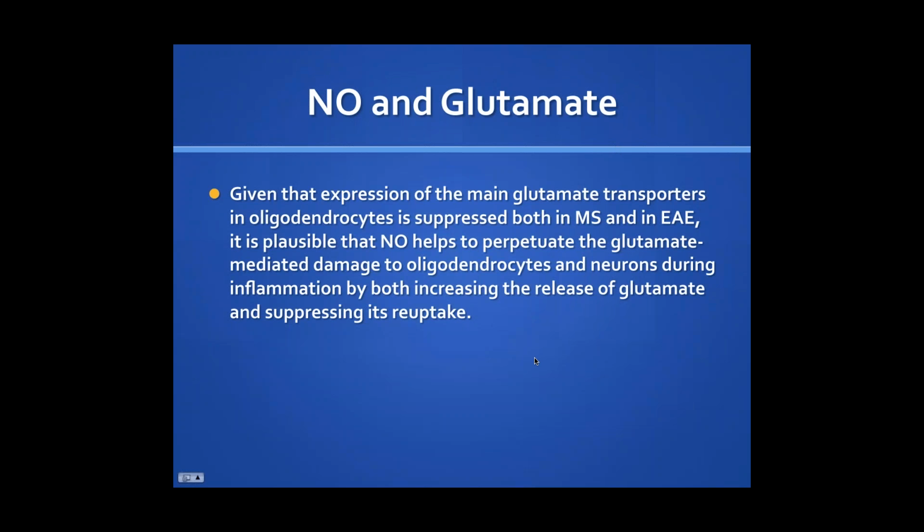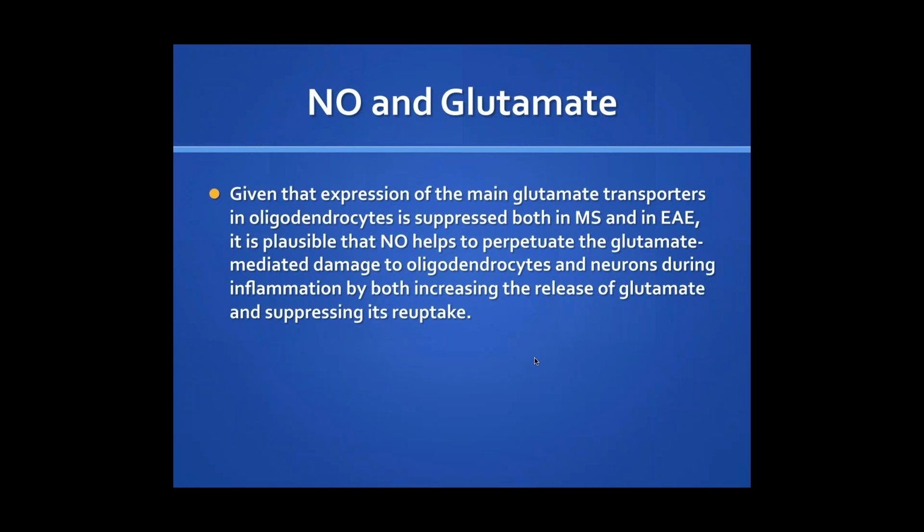Given that expression of the main glutamate transporters in oligodendrocytes is suppressed in MS and EAE, it's possible that NO helps to perpetuate the glutamate-mediated damage to oligodendrocytes and neurons during inflammation by both increasing the release of glutamate and suppressing its reuptake. So glutamate, we looked at that in the GAD variant.